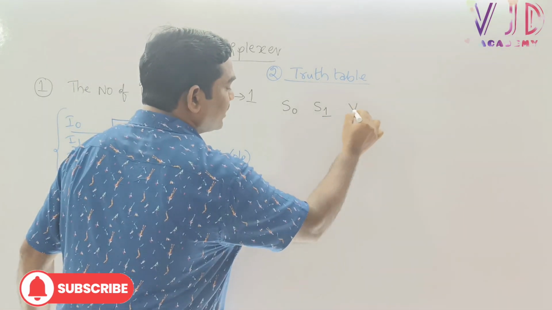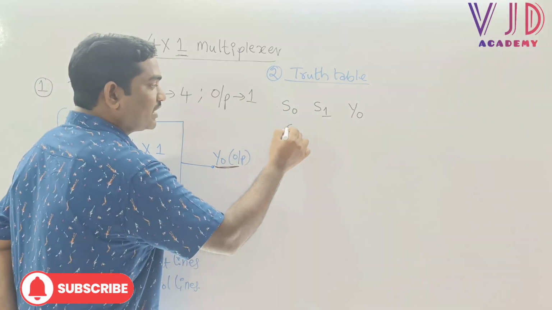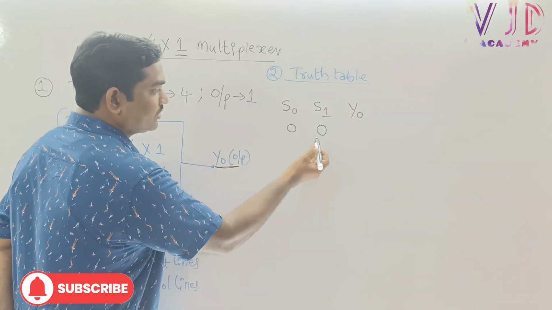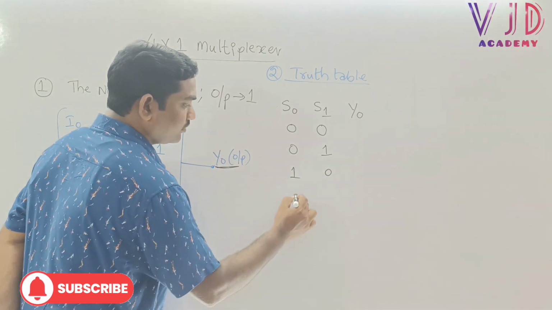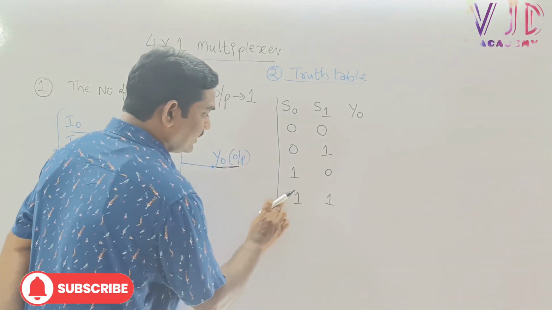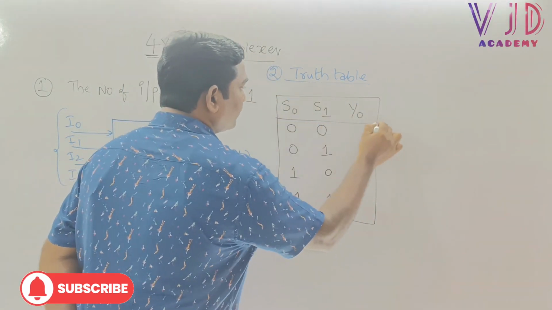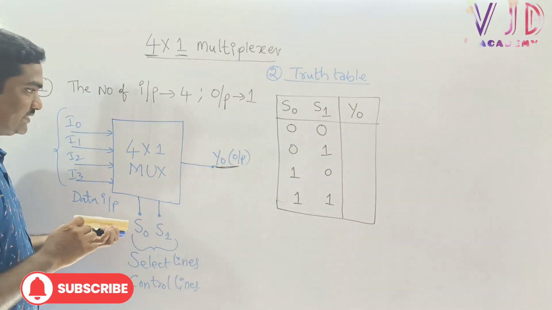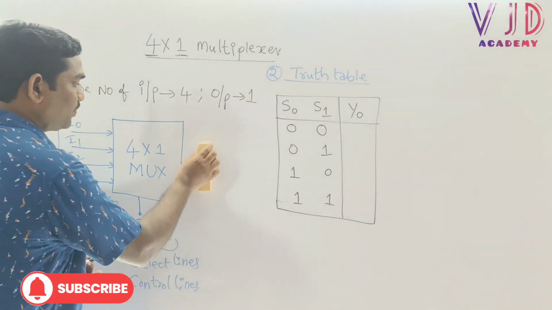For these two select lines, there are 4 input combinations, which are 0 0, 0 1, 1 0, and 1 1. Let us see what will happen when we apply 0 0, and when we apply 0 1. This is output Y0.